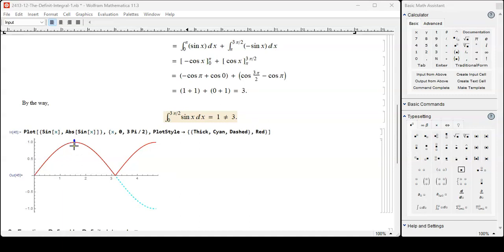What actually happens is only the area of this part here, multiplied by 3.